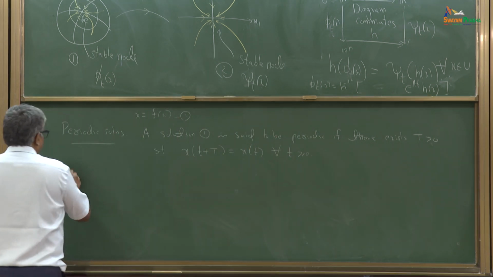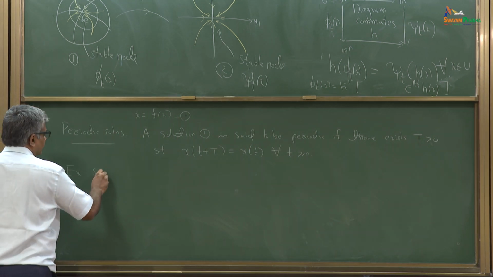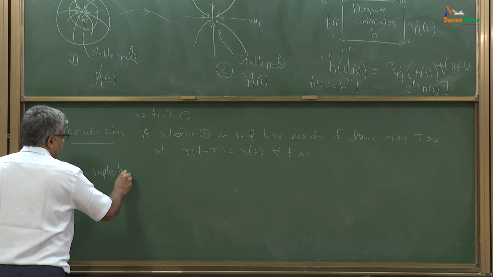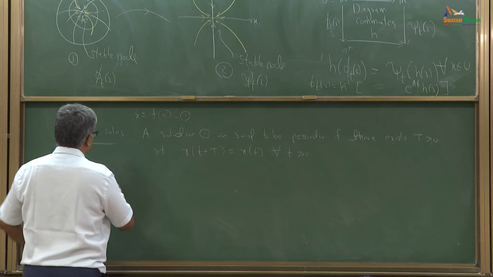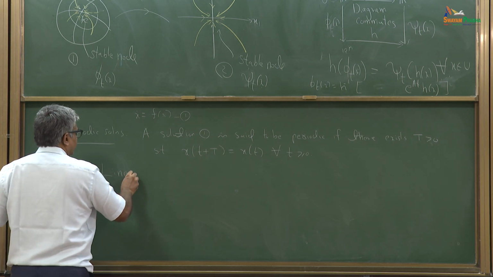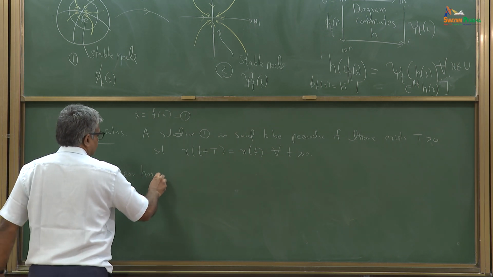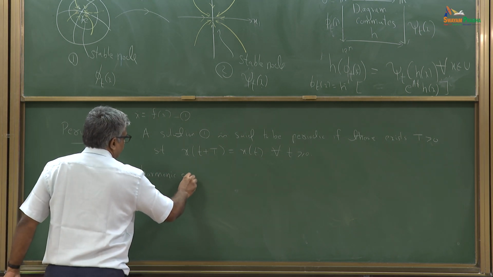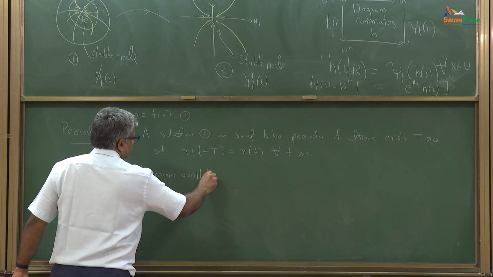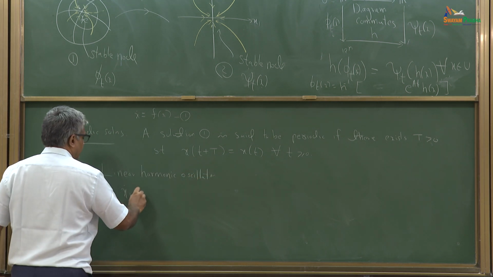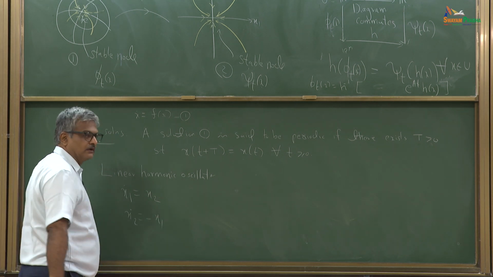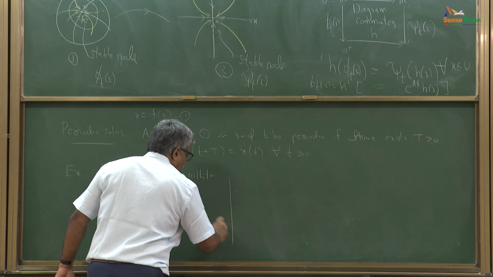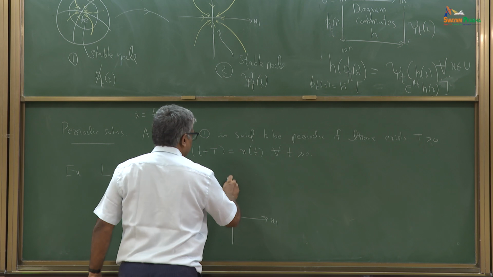Well, example, the simple harmonic oscillator. I mean, harmonic oscillator, there's nothing simple about that. Or the linear harmonic oscillator. x1 dot is x2, x2 dot is minus x1, right? So how does the phase portrait for this system look?